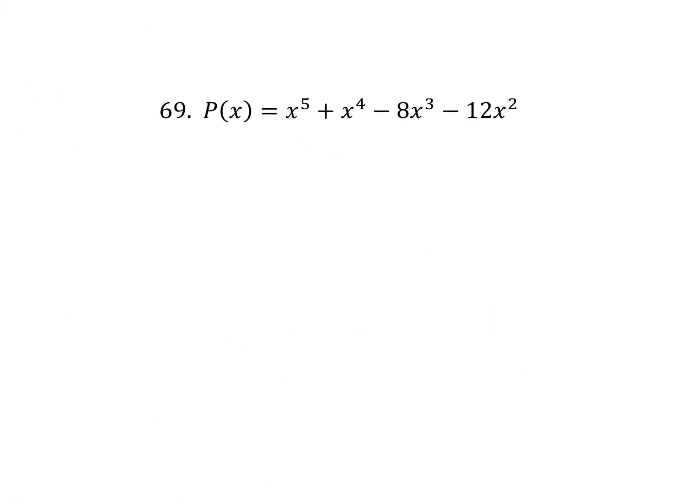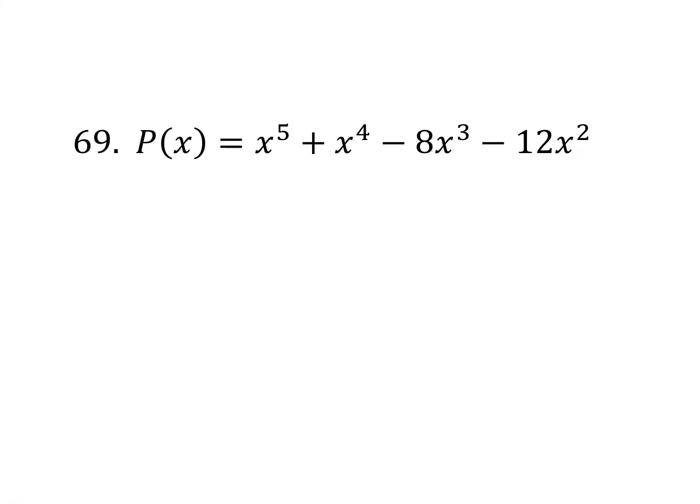Let's look at 69. What should I do first for 69? Take out the GCF. Awesome. Our GCF is x squared. So we take out an x squared, we're left with x to the third power plus x squared minus 8x minus 12.